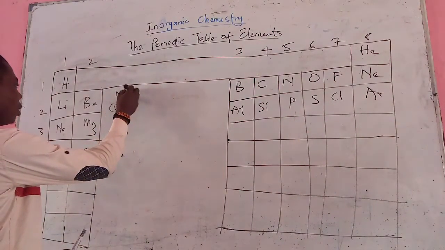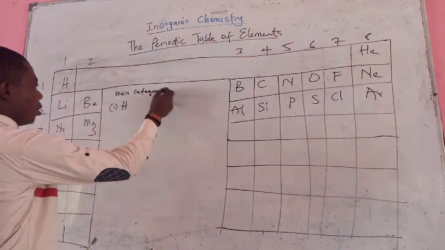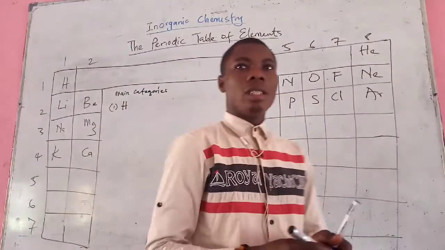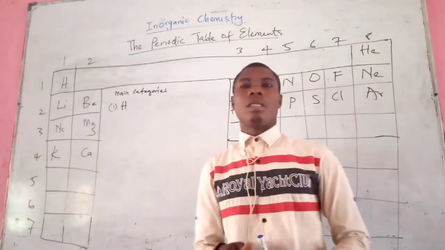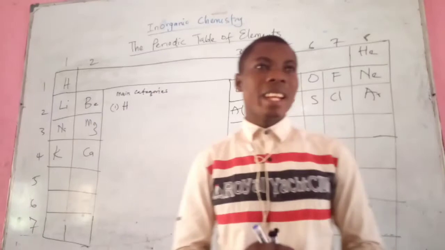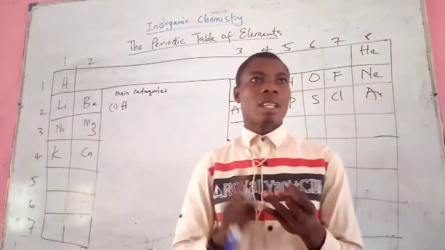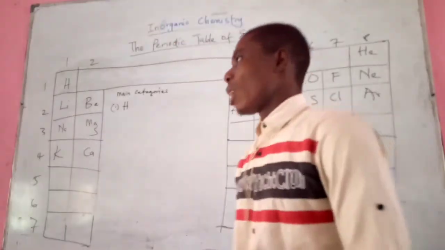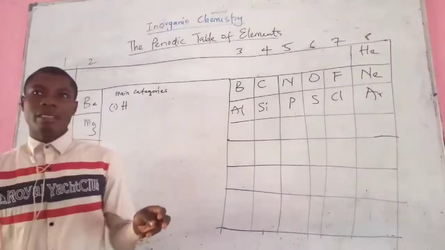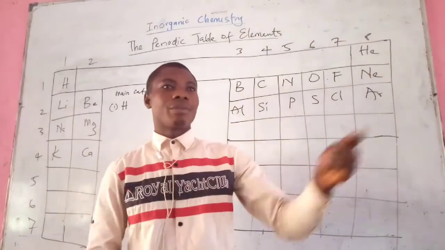Hydrogen is taken to be a particular category of elements in the periodic table because hydrogen is the first element in the periodic table, and hydrogen as an element can also fit into more than one group.